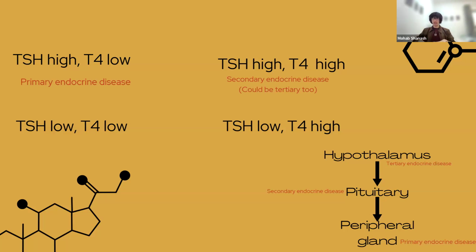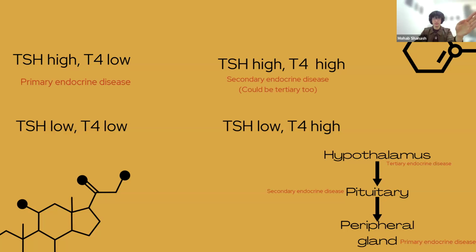The pituitary isn't taking the hormone released from the peripheral gland and realizing that, okay, we need to stop. It's not doing that. On the other hand, the hypothalamus could be releasing too much releasing hormone, which tells the pituitary, okay, we need more, keep going, keep going, keep going. So when both of them are high, you have a problem with the feedback loops.